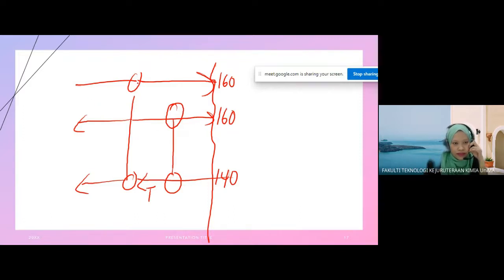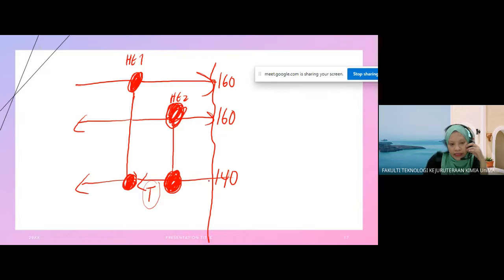Let's name it first. This is heat exchanger 1. This is heat exchanger 2. If you have your stream paired with more than one heat exchanger, then you need to find the temperature in between the two heat exchangers.